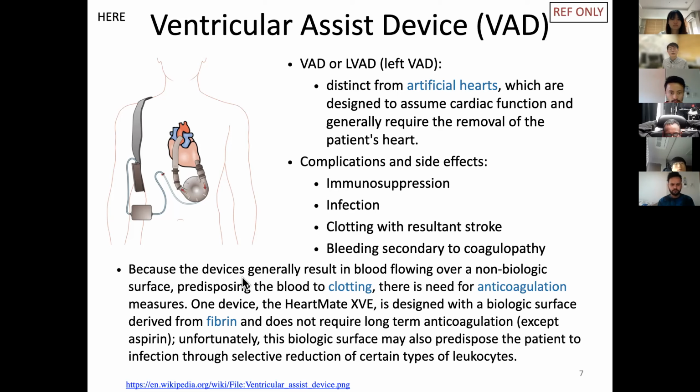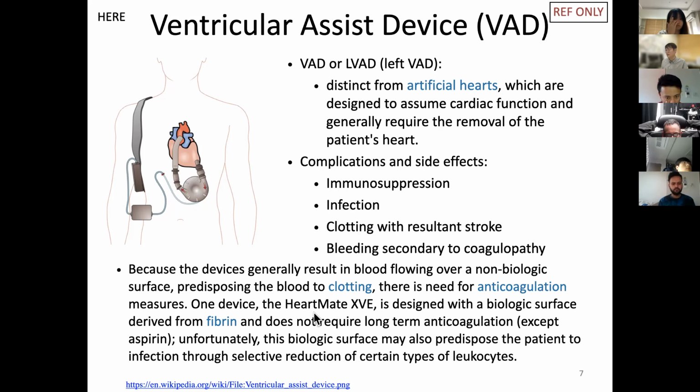This device results in blood flowing on a non-biological surface, meaning this is a machine, not covered by endothelial cells. So it predisposes the blood to clotting. Because of that, we have to reduce the clotting tendency, so the patient has to take anticoagulation treatment as well.